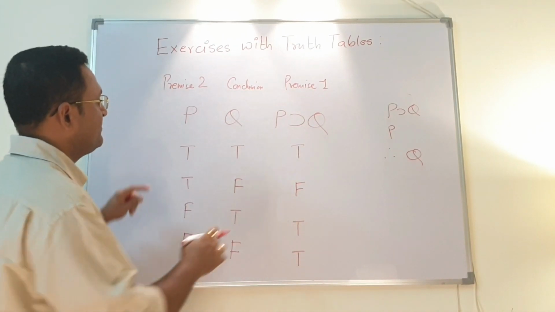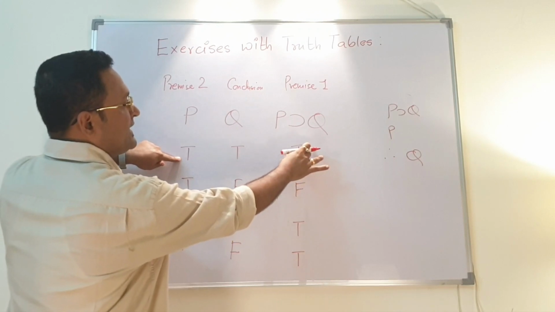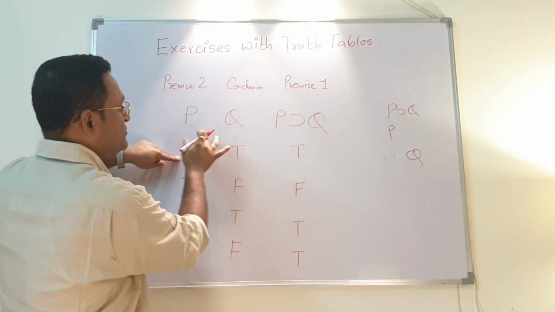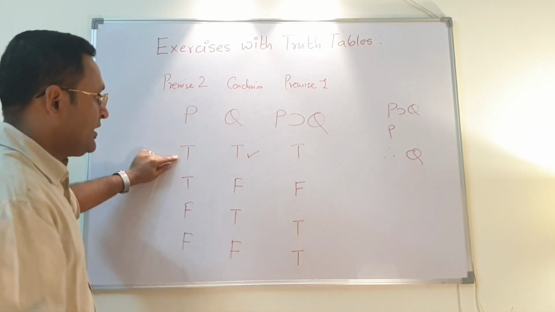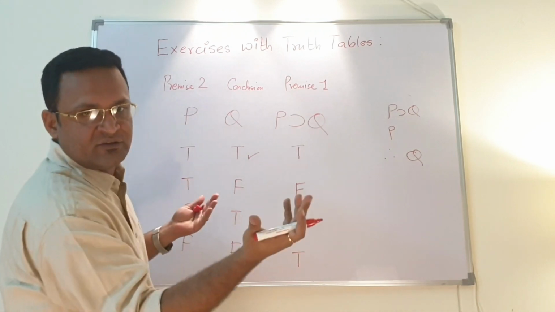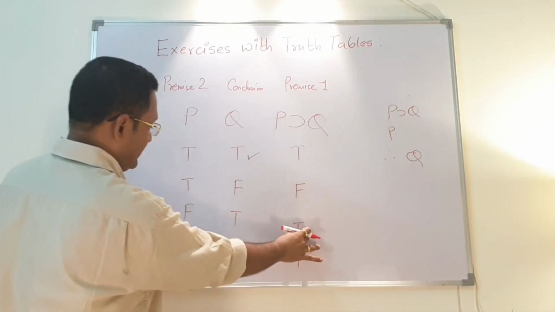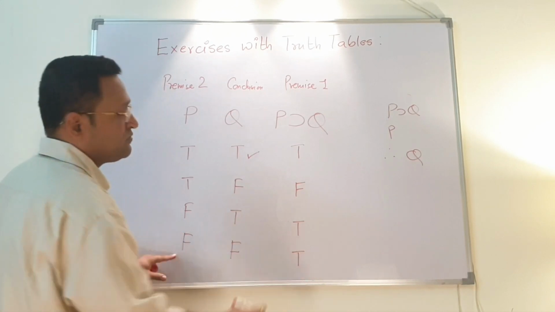Now if you see the first line, you will see that this premise is true and this premise is true, and the conclusion is also true. So fine. Now if you check the second line, you will find that this premise is false, so there is no need to check. Here it is true, but again another is false, no need to check. Here it is true, but again it is false, so no need to check.